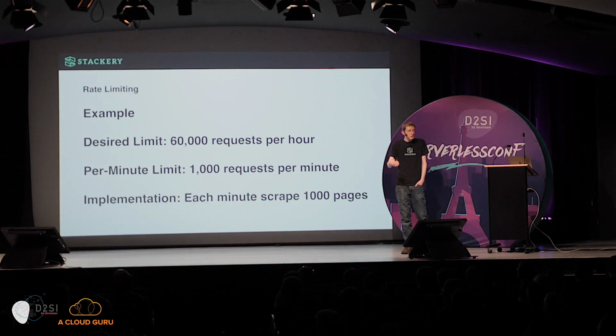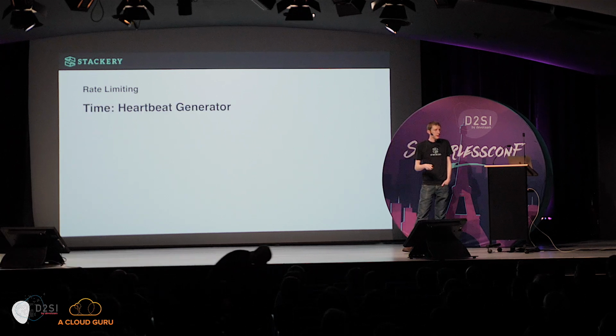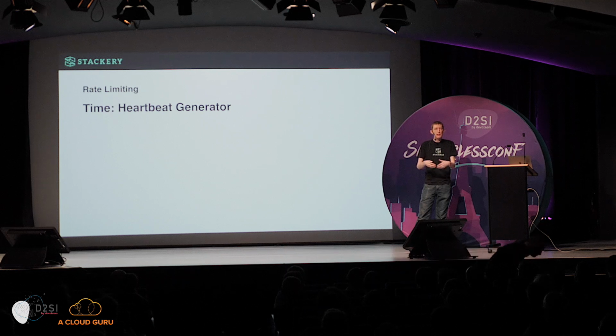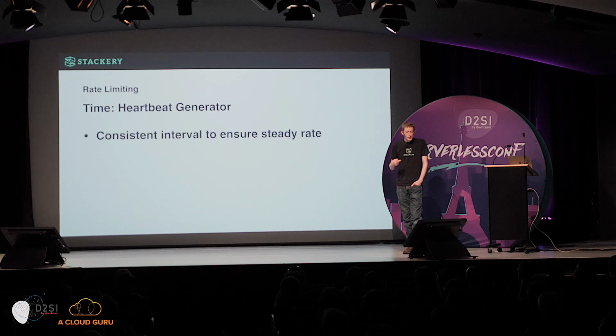And so we need a solution that every minute is going to scrape 1,000 pages. One mechanism we can use as part of this: we need a way of invoking a bunch of these requests each minute. So we need a heartbeat generator. This gives us a consistent interval to ensure we have a steady rate.